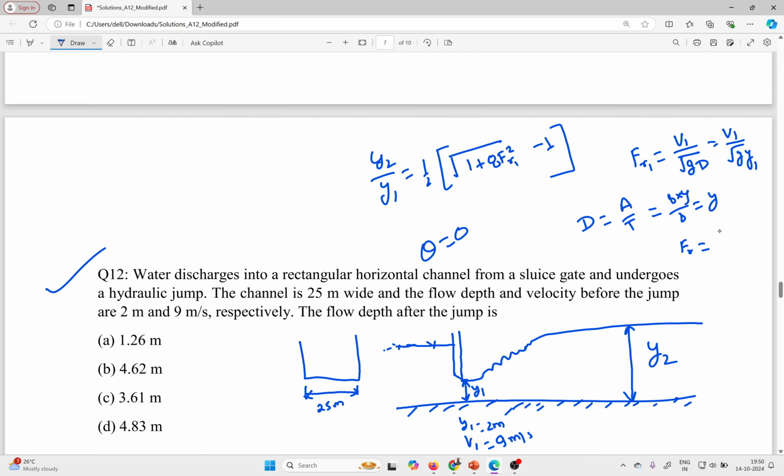Now what is Fr1? Velocity is 9 meter per second. g is given already; if not given, it is 9.81, and y1 here is 2.